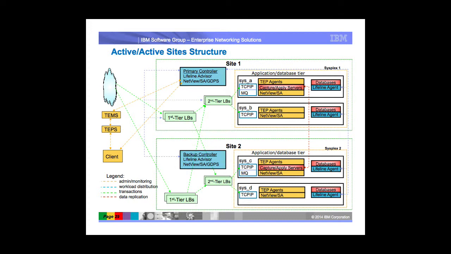There's the primary and the backup controller at your primary and secondary site for a Lifeline asset, and they're going to talk to each other and make sure that there's resiliency and failover between those two. And then there's agents that reside within each of the Lifeline-enabled LPARs.